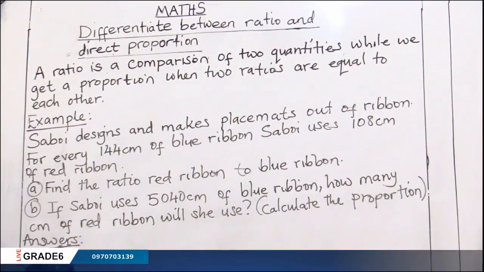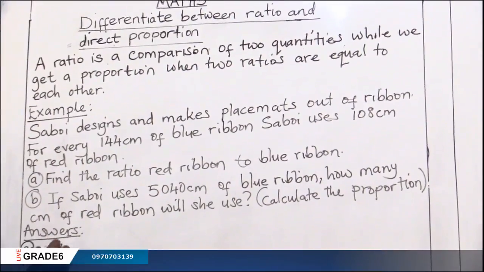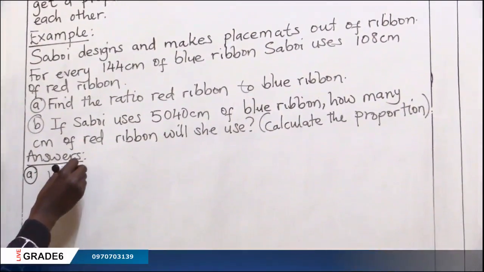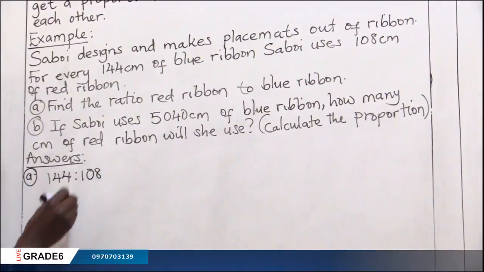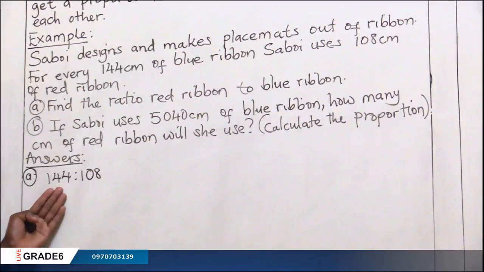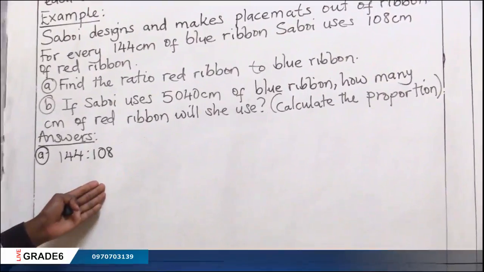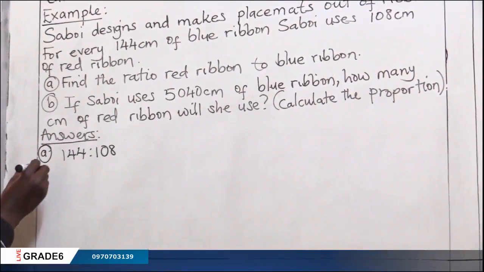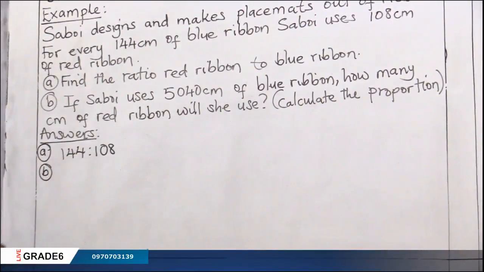So we can say our ratio is 144 to 108. 144 is for blue ribbon and 108 is for red ribbon. Let's go to question B.